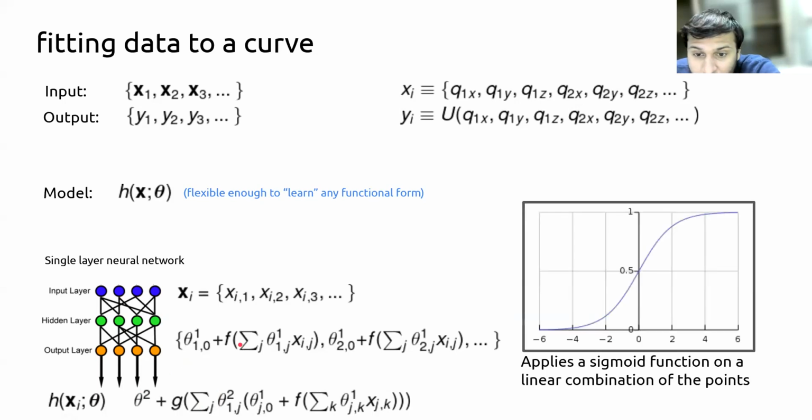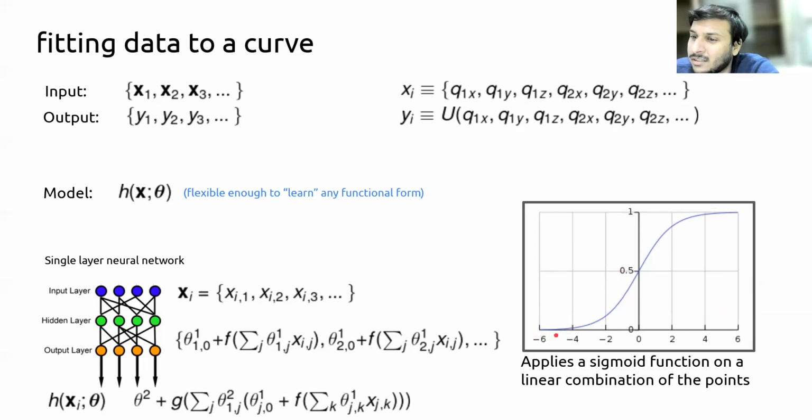Just to give an idea of what this nonlinear function looks like, it can be anything as long as it obeys some properties, which I won't get into. But one of the more common ones is a sigmoid function.